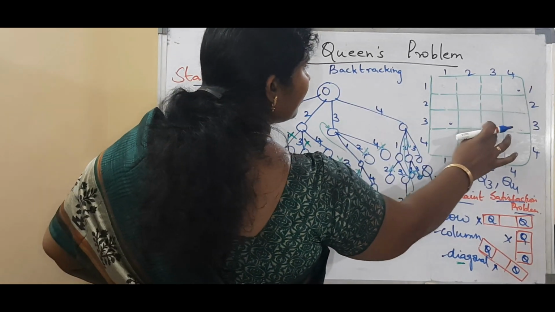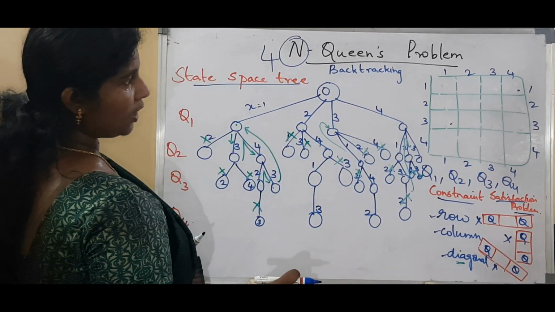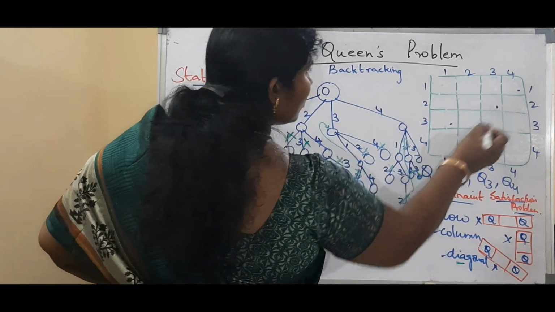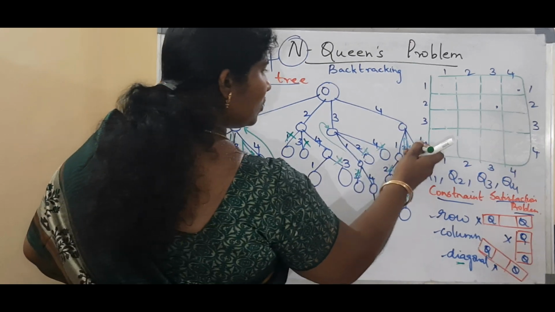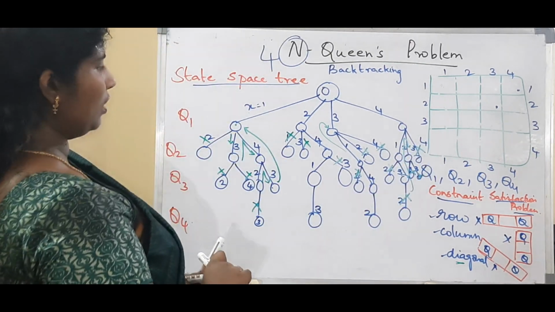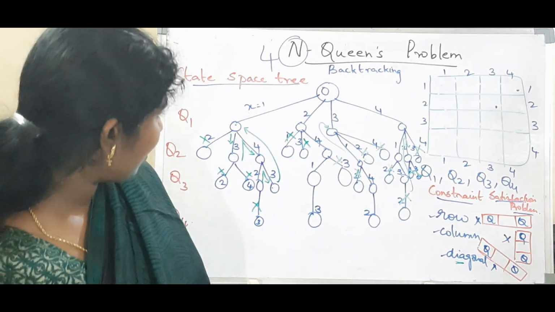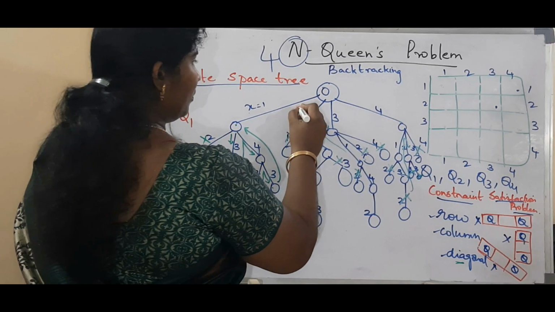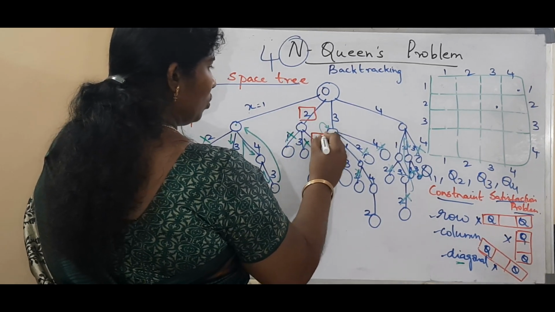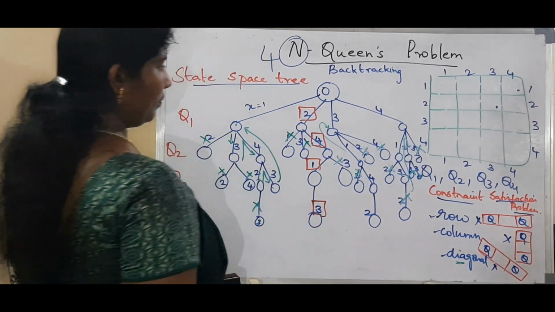So the next one is placing the first queen in the fourth, and the second queen in the third location. They are diagonally present, so this is also not going to give me a solution.